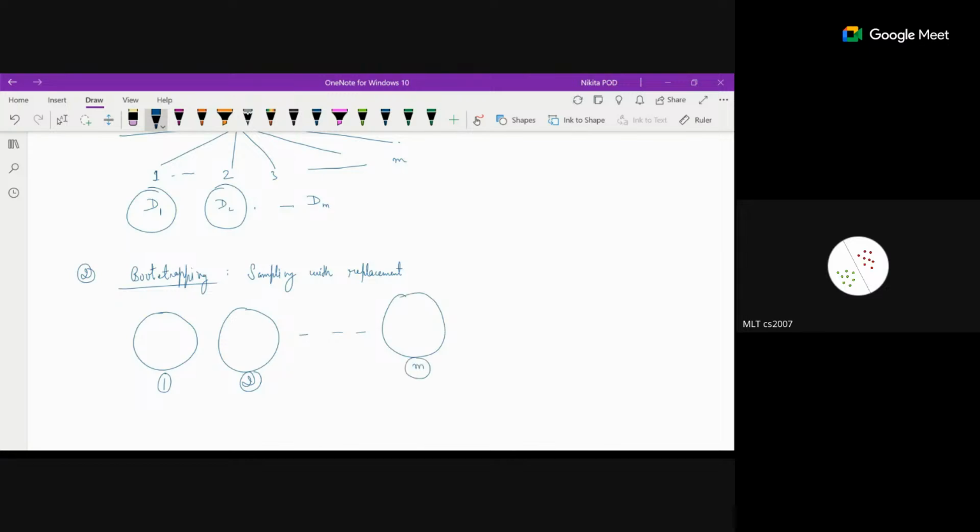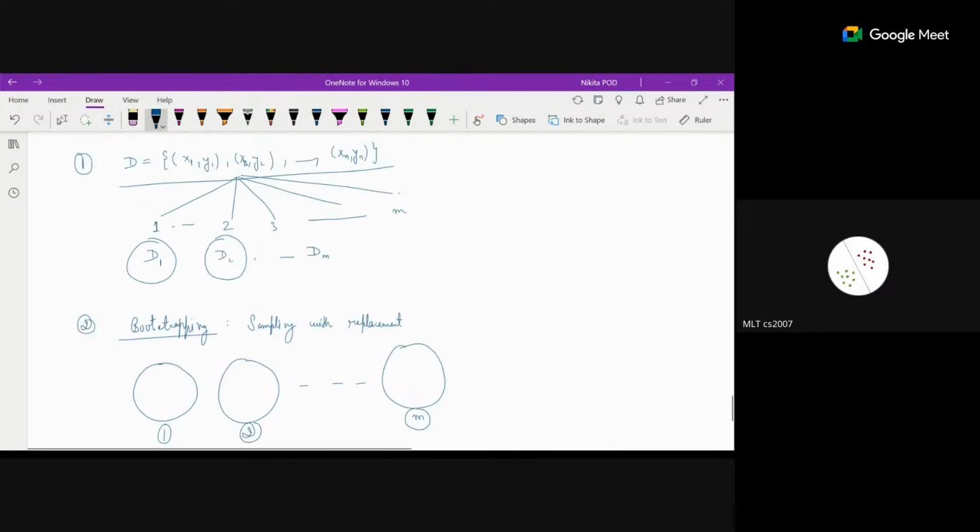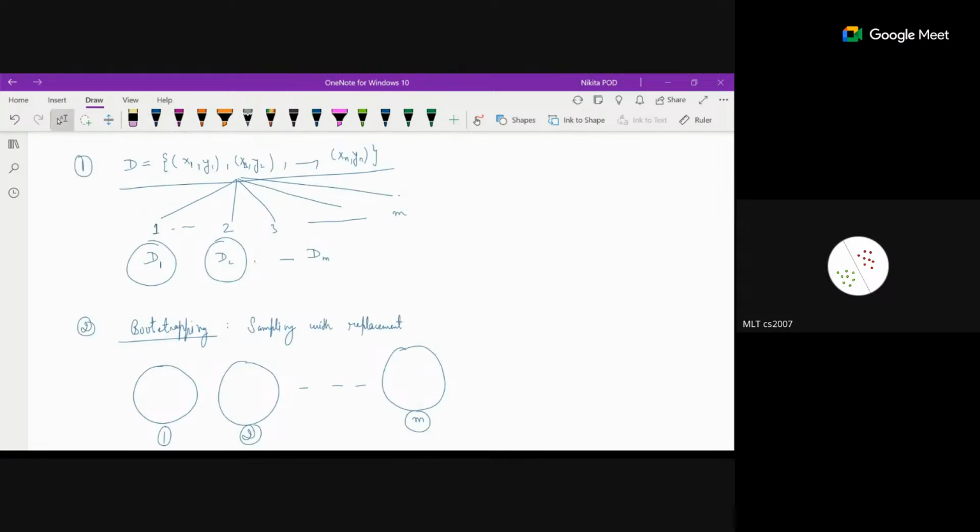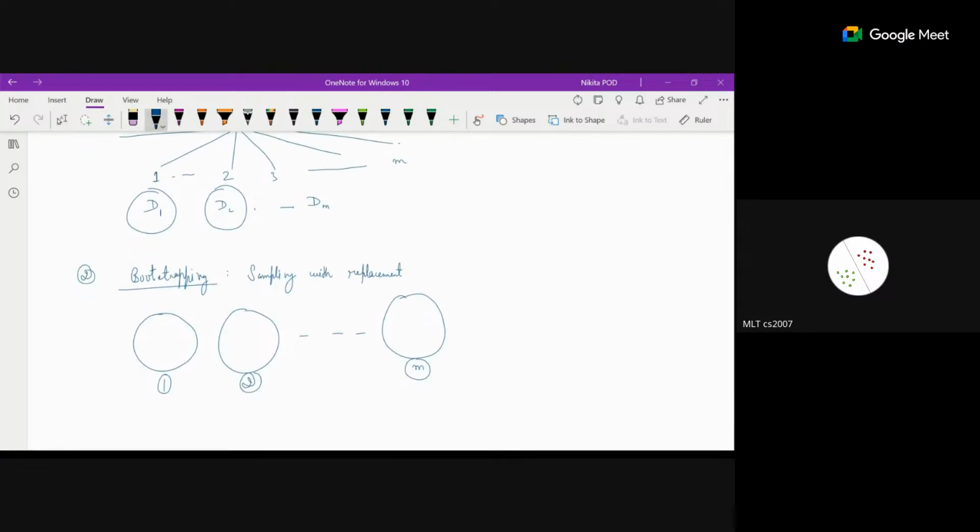I have n data points, so in each of these bags I will get n data points.